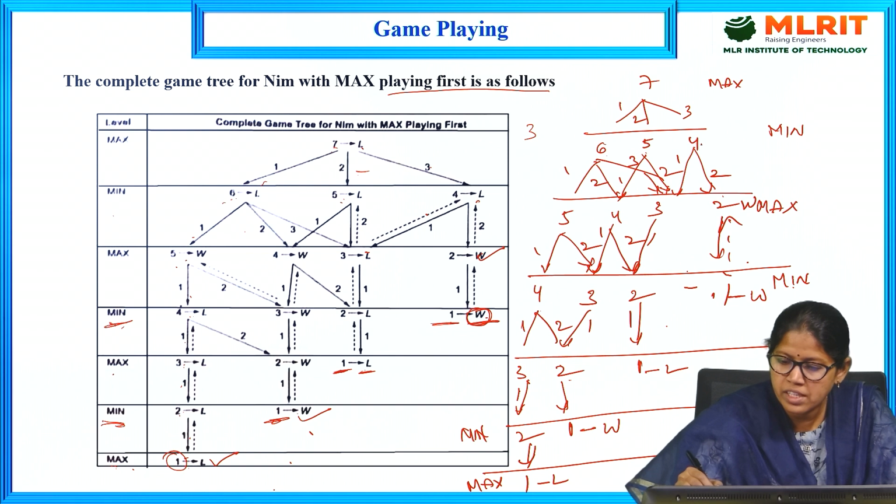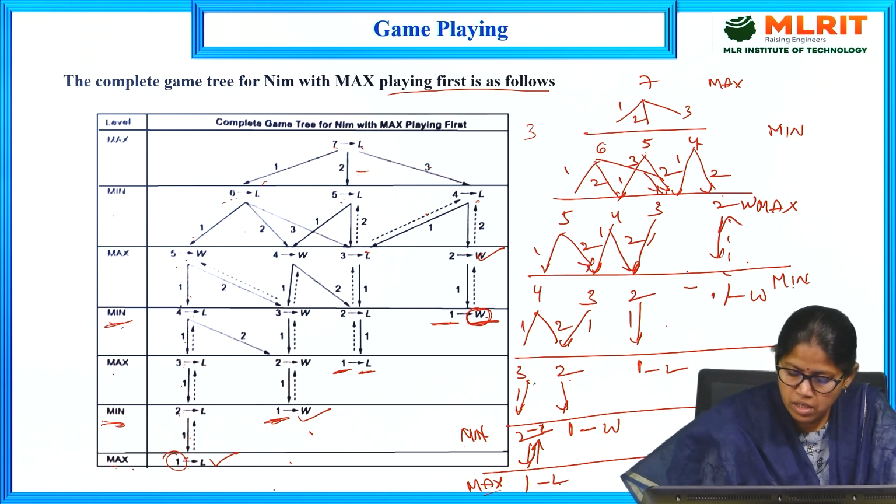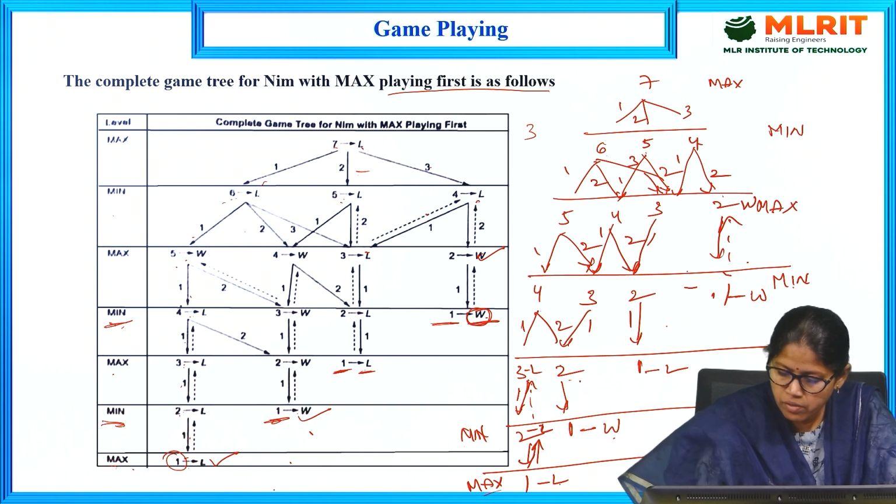To consider the next level, we need one more successor, so we'll start from here. Max, lose; min, lose only. Next, at a max point, if all the successors are lost, then it is a loss. Next here, min point, win, max also win.